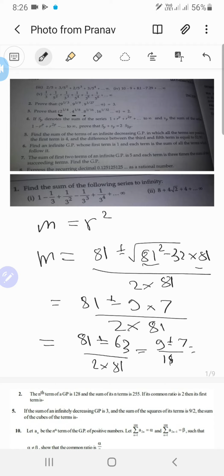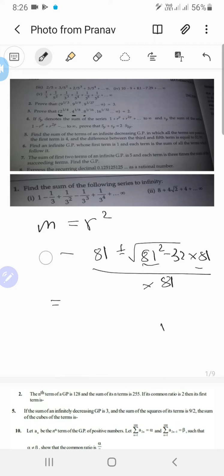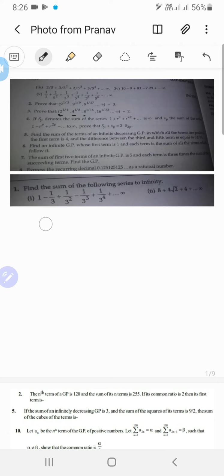So this can be 2 upon 18, which is 1 by 9, or you could have 16 upon 18, which is 8 by 9. So the common ratio can be 1 by 9 or 8 by 9. Well, that's nice.